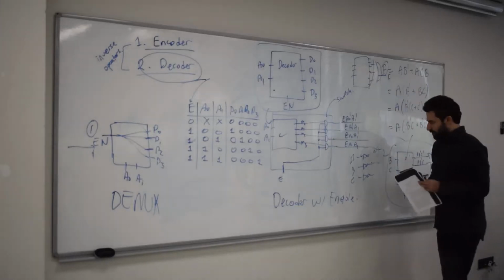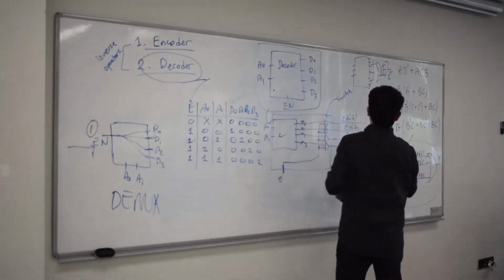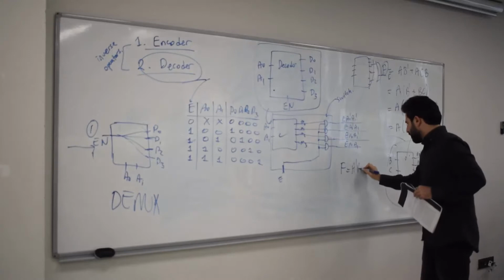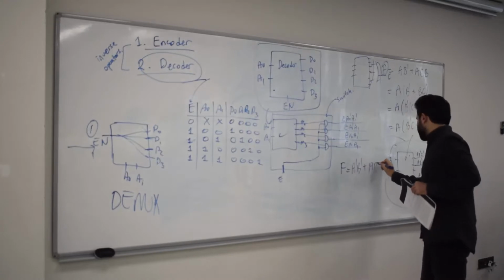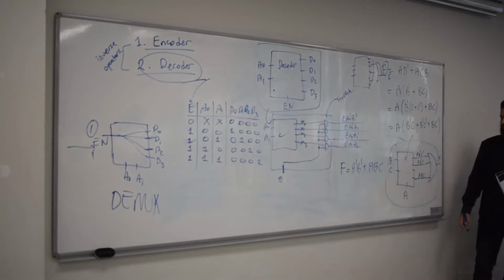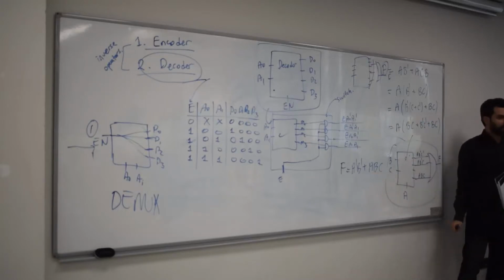Let me also give you another example, all right? So if I said f equals, not this one, but a prime b prime plus a b c. Okay? Can I use a decoder with an enable to implement this?